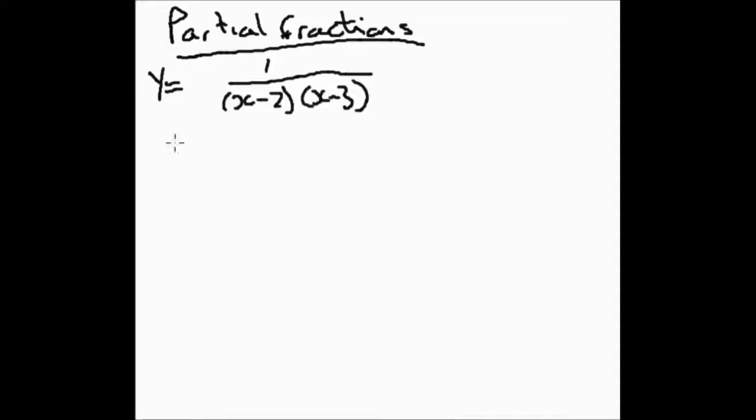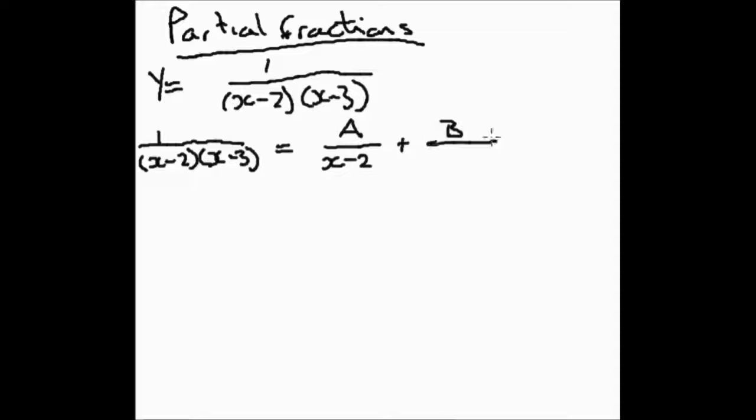Now in partial fraction terms, this can be simplified. 1 over (x minus 2)(x minus 3) equals, and this is where we do the partial fractions, A over the first term, so we split this fraction, x minus 2, plus B over the second term, which is x minus 3.